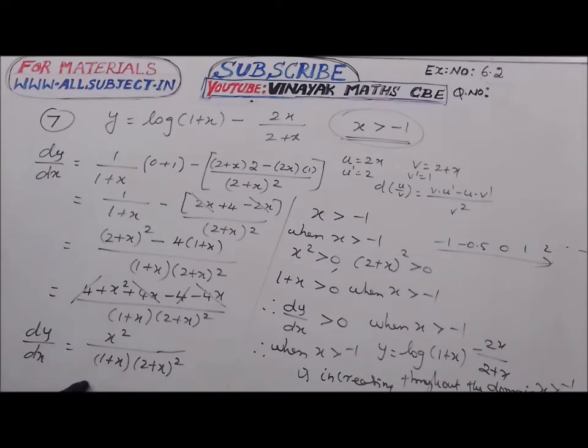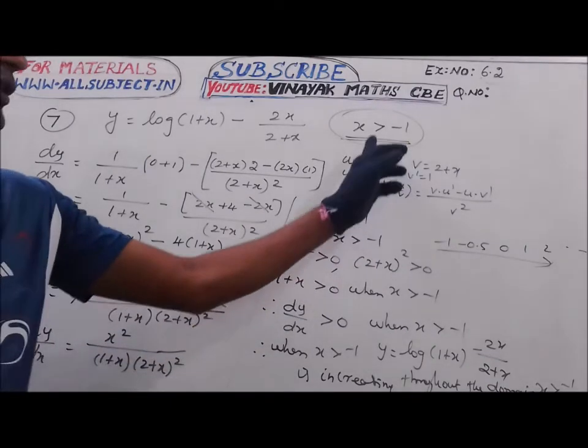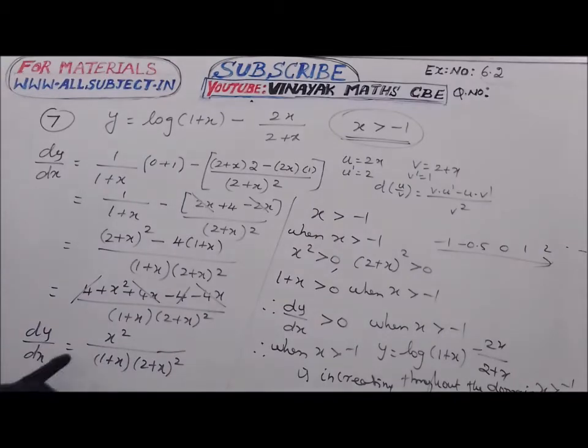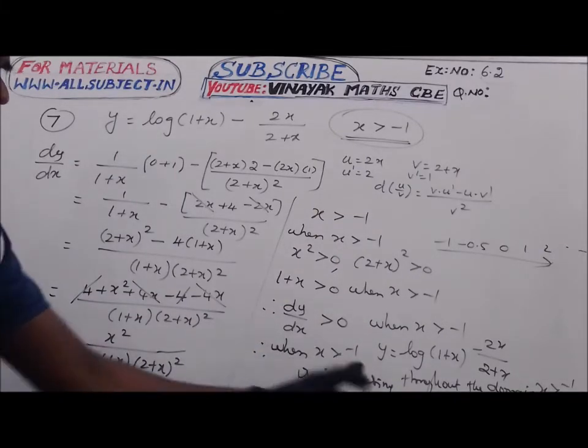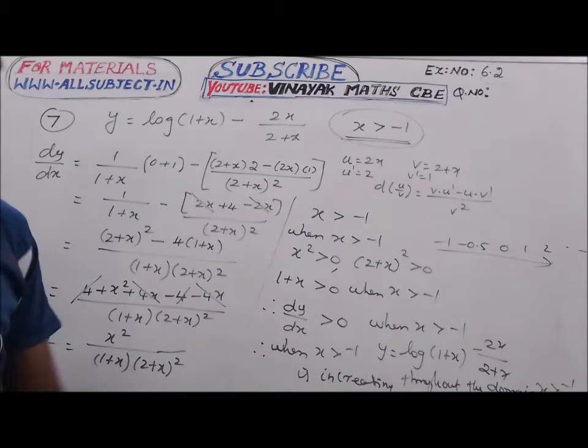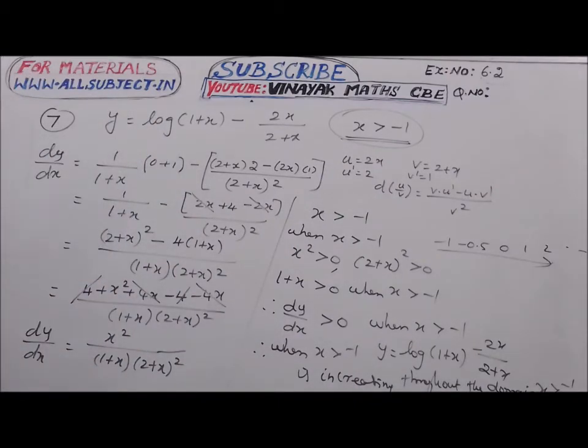So dy by dx is greater than 0, positive when x is greater than minus 1. Therefore the derivative is positive in the domain x greater than minus 1, and so the function is always increasing throughout the domain.